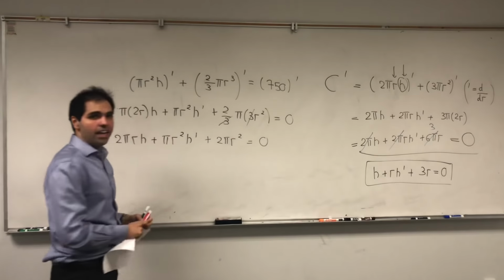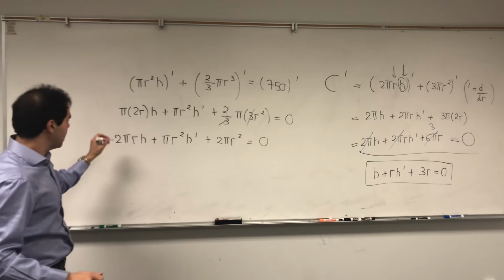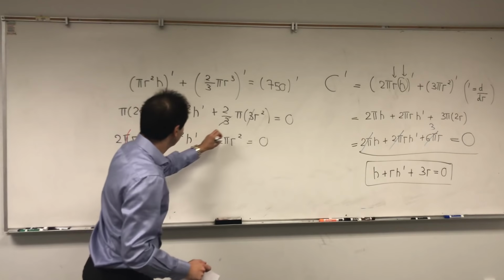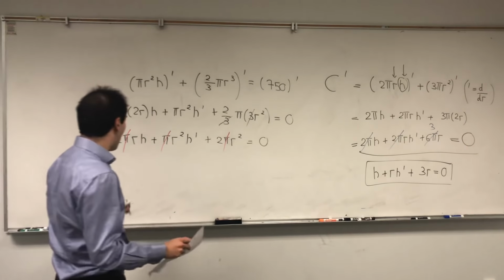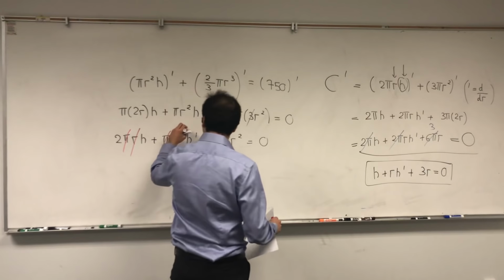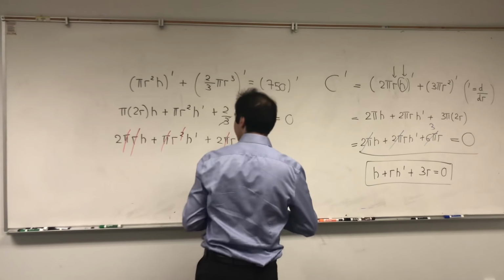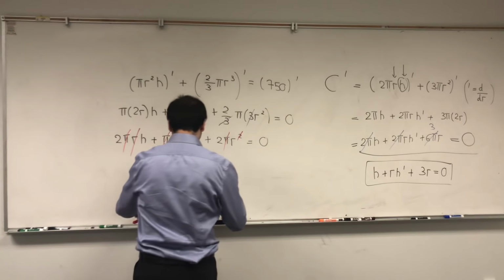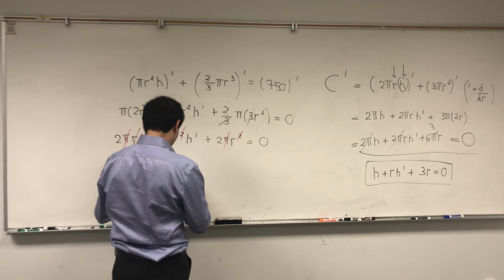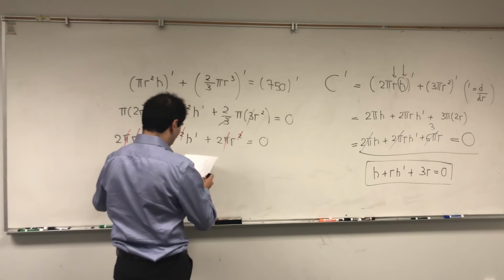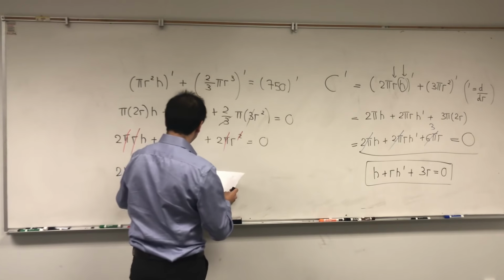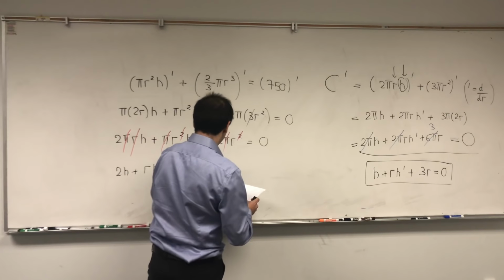Now here again, the nice thing is we can cancel out the pi's, and then we can also cancel out one factor of r. So divide by r, this disappears, and then what you end up with, let me just check, yes, 2h plus r h prime plus 2r equals 0.